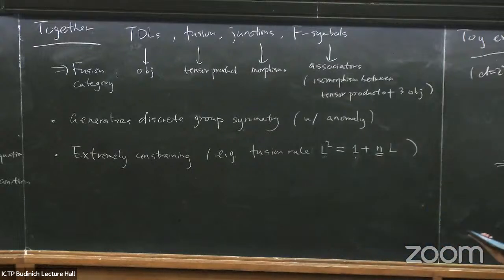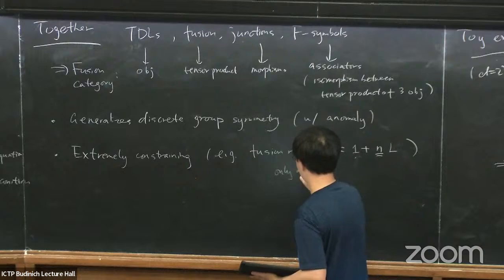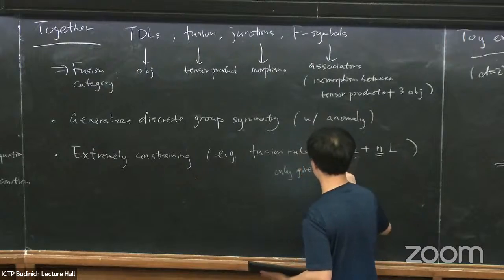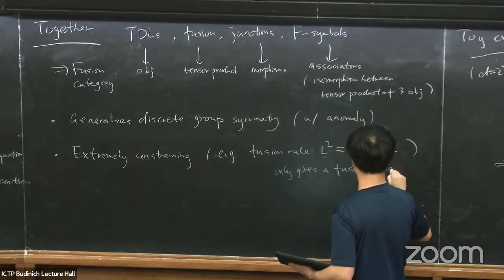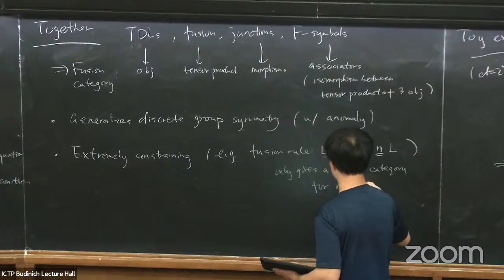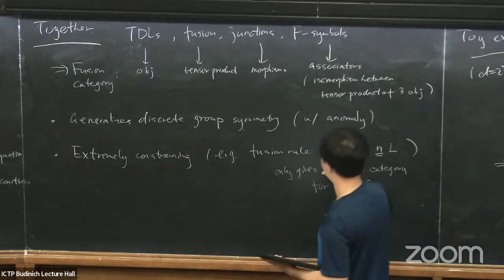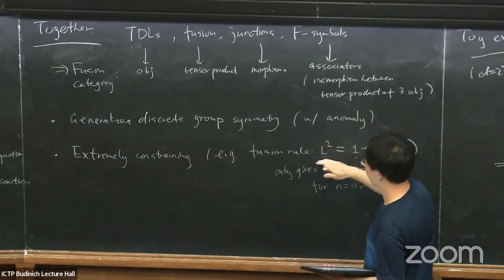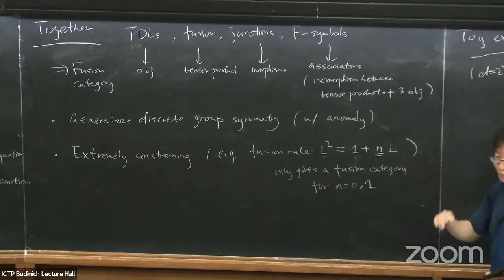Okay. This only gives a fusion category for n equal to 0 or 1. Okay, so this is very surprising because why can't we have a single non-invertible defect that satisfies such a fusion rule?